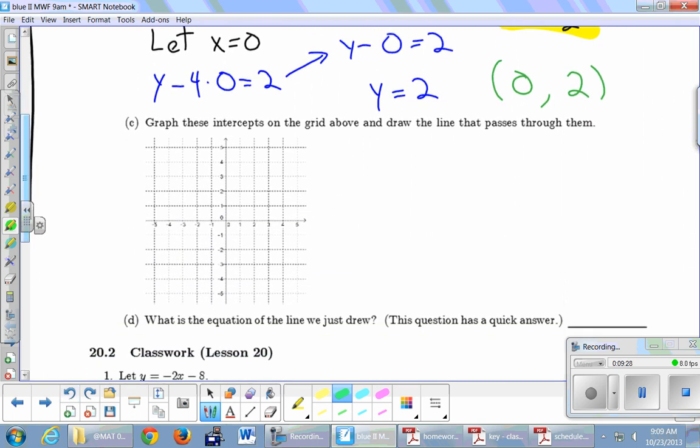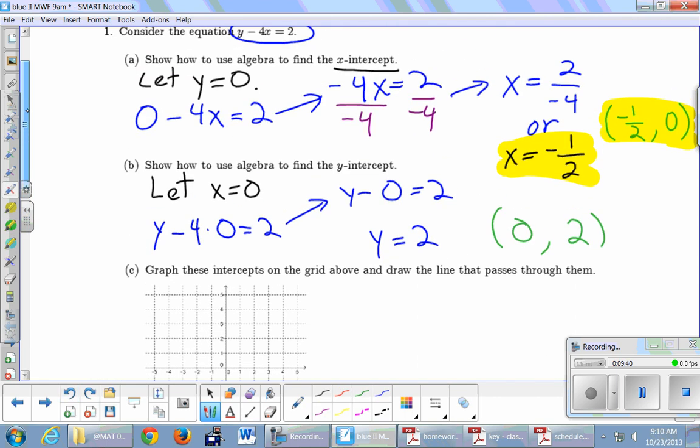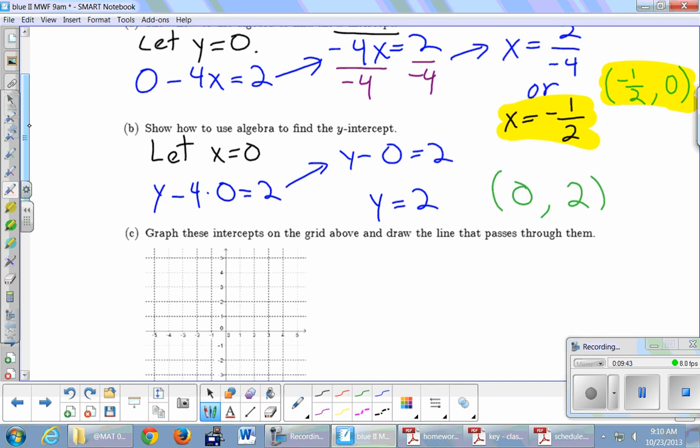Okay, and let's move on to part C. And we'll go back to Caroline. Okay, so the first point we had was at x equals negative a half, but it's the x-intercept, so it's really negative 1/2 comma 0. So ballpark, put that point on your graph. And then we found the y-intercept was at 0, 2.